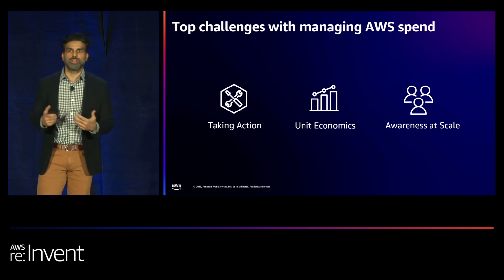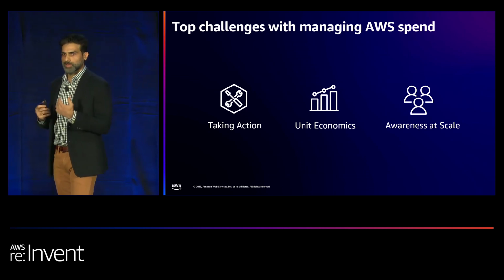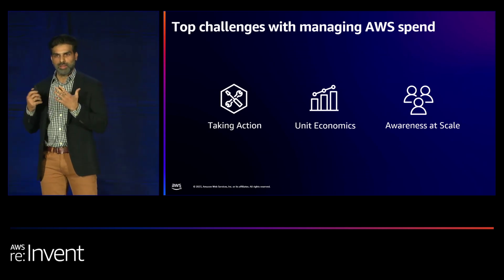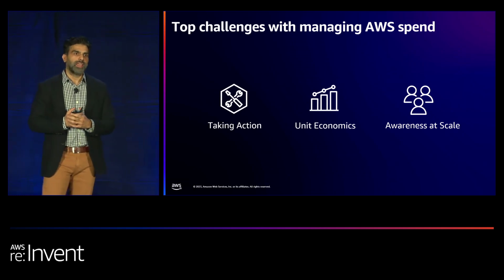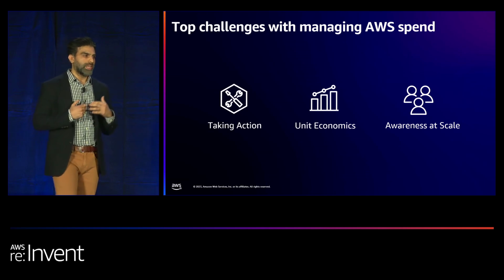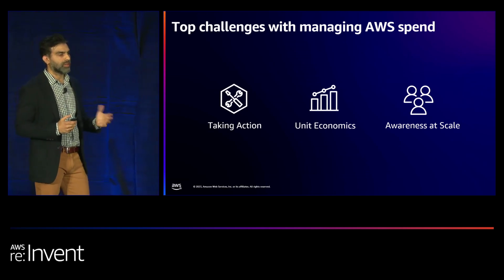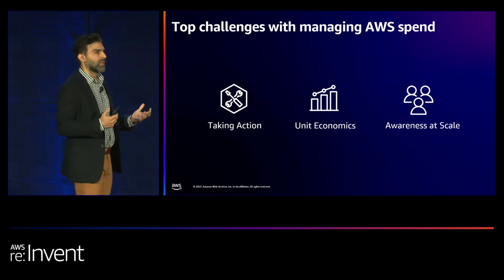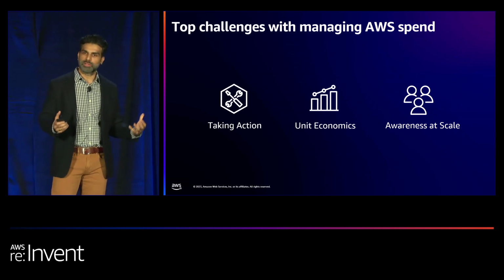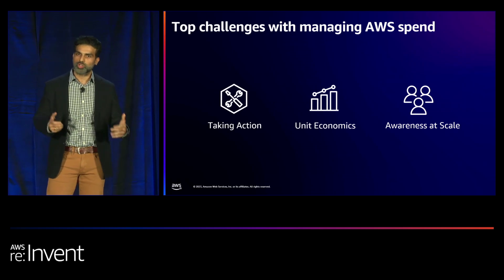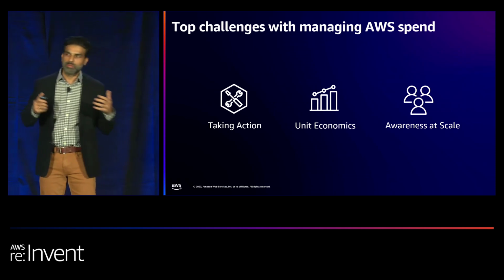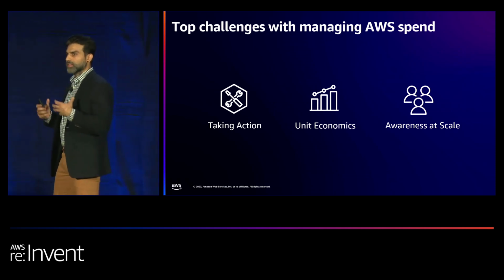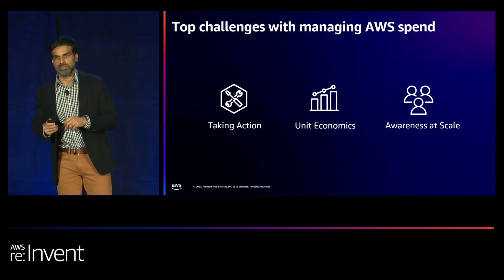How do I reach the holy grail of expressing my business cost in unit cost terms? And third is, how do I go about creating cloud financial awareness across my organization? Which means, how do I improve cross-functional collaboration across the team, institute chargeback and showback, and make cost efficiency a shared goal across the organization?